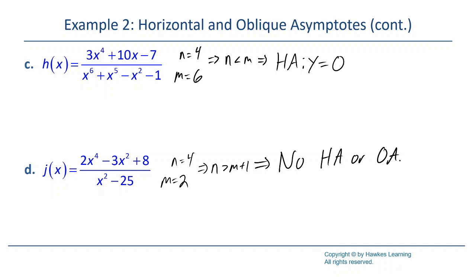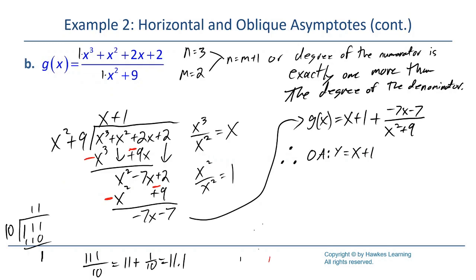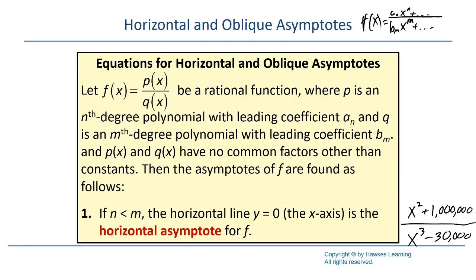So these are the ones that provide the least amount of challenge in terms of what you write. All the work is just looking at the powers and comparing them in this case. So make sure you have this list down.